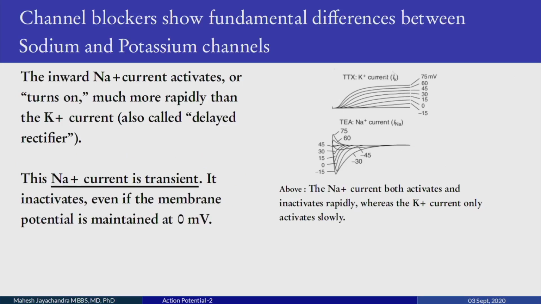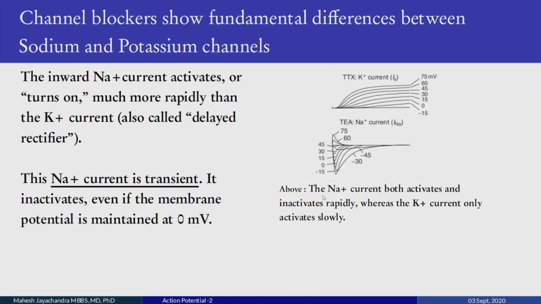Let's consider the sodium currents, which are below. You have an inward current and it occurs fast, but it also rapidly inactivates, and it's transient. It inactivates even when the membrane potential is 0. The potassium currents, on the other hand, take some time to occur and then they are long lasting, and that's why they're called delayed, and it's also called rectifier. Okay, delayed rectifier. When you hear the term delayed rectifier, you think of potassium currents.